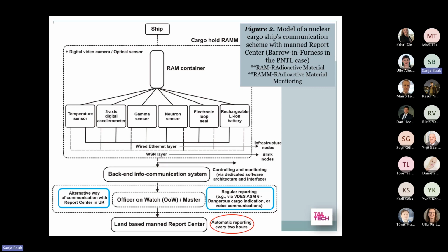And all these sensors should be connected with blink nodes, with a wired Ethernet layer network and with a wireless sensor network for security purposes. And also we should have a digital video system or cameras inside the ship hull with these radioactive material drums to visually control the situation.